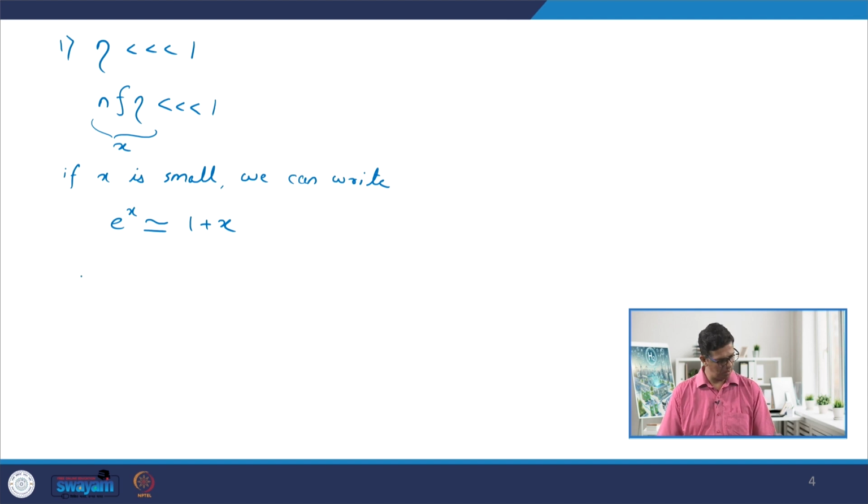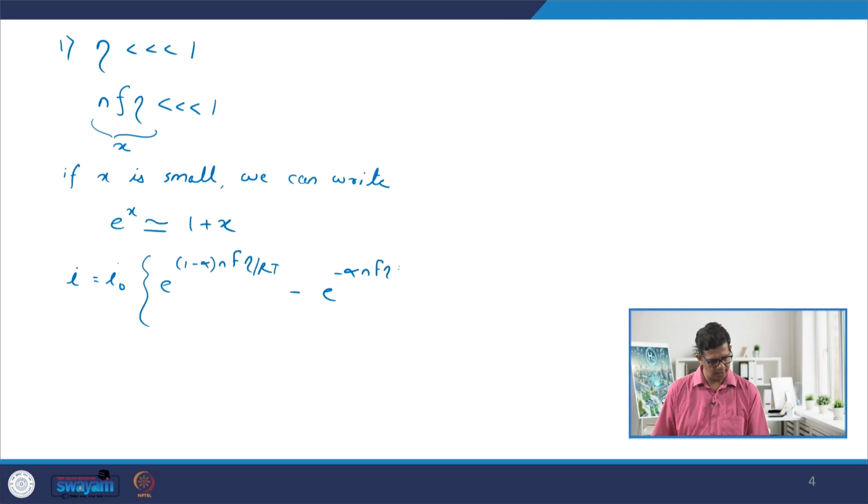So what will happen to our reduced form of the Butler-Volmer equation, which is I equals I naught [e to the power (1 minus alpha) n F eta by RT minus e to the power minus alpha n F eta by RT], right. So I can replace these e to the power terms by 1 plus x.